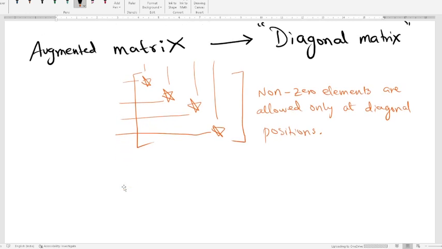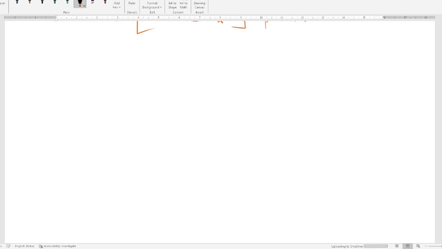Okay, so let's look at an example. Gauss-Jordan method. So x plus y plus z is equal to 6, right?